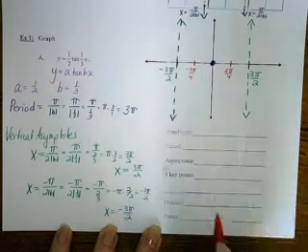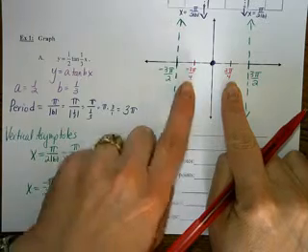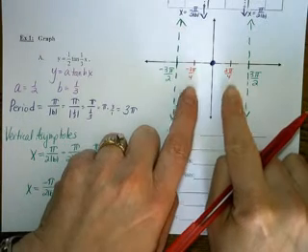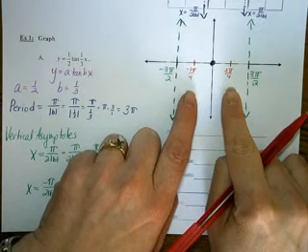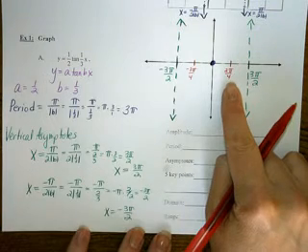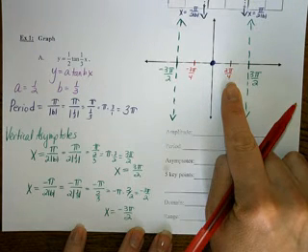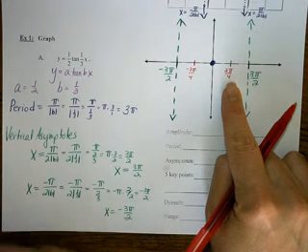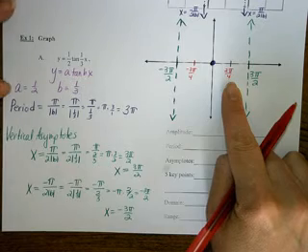Now, what is interesting about 3 pi over 4 and negative 3 pi over 4? Where am I at those 2 points? At 3 pi over 4, I'm at the A. Now, what was my A value? A half.